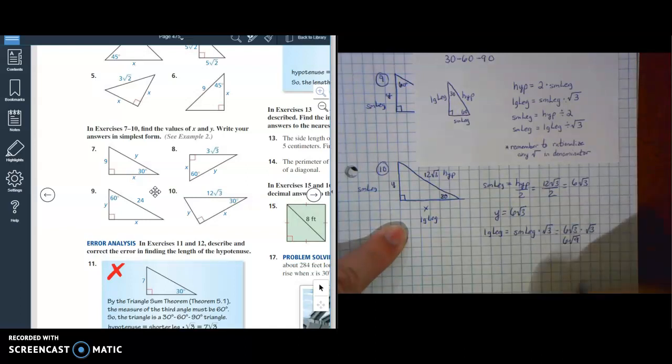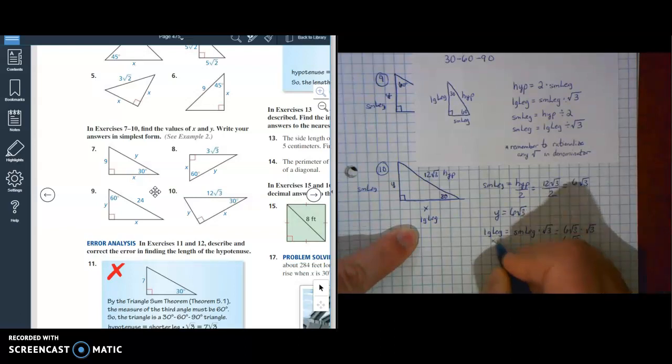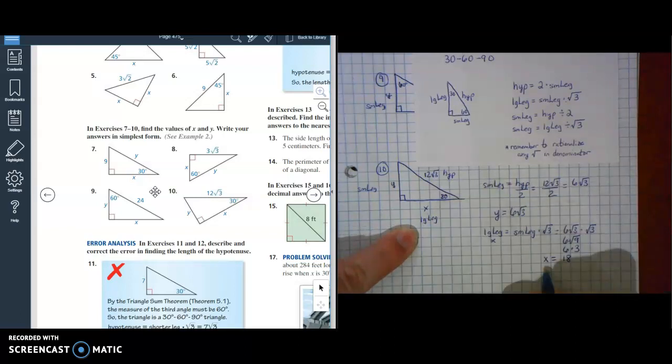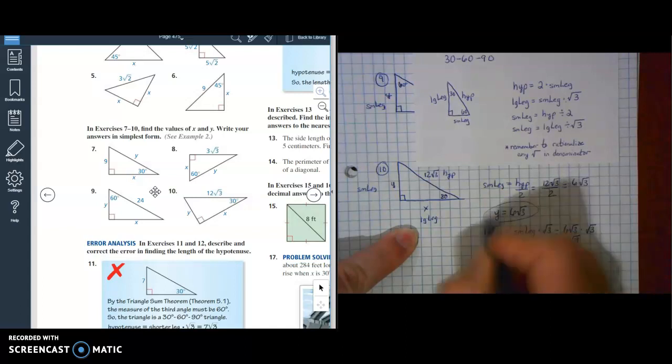And we all know the square root of 9 is really just 3. So it's 6 times 3. And 6 times 3 is 18 units. All right, so that's my large leg, and my large leg is x. So we'll say that's x, as you can see in the problem. So x equals 18, y equals 6 root 3.